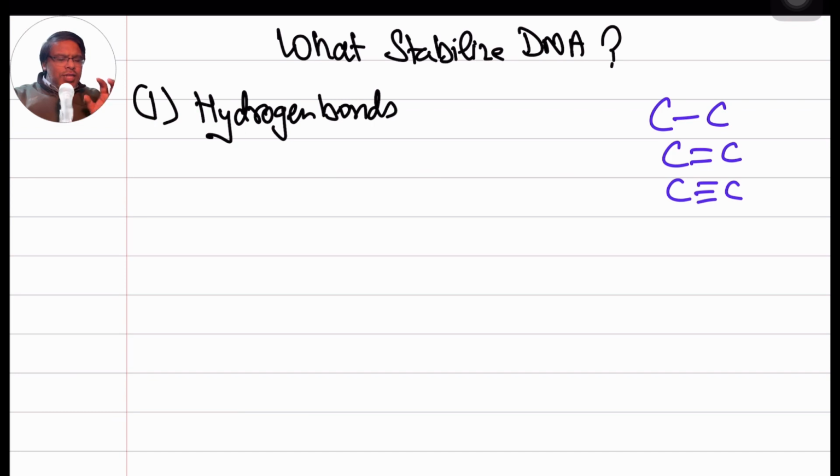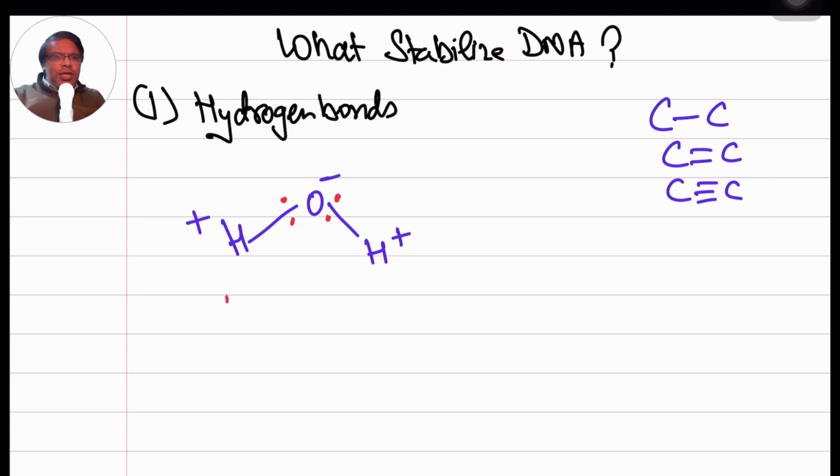Now I want to make clear what hydrogen bonds actually are. Suppose you have a water molecule. Between oxygen and hydrogen there is a covalent bond, with sharing of electrons, but oxygen is more electronegative, so it pulls the electrons towards itself. So oxygen carries a negative charge and hydrogen carries a positive charge.